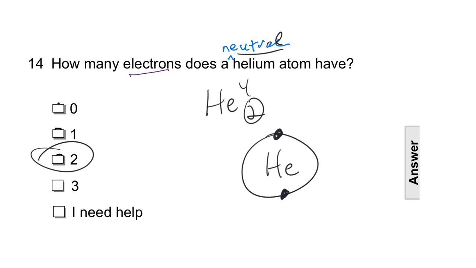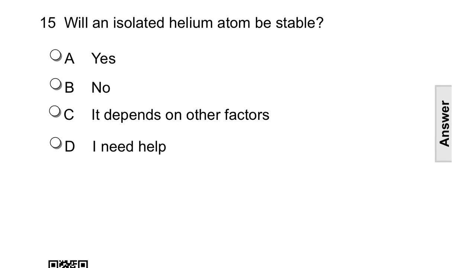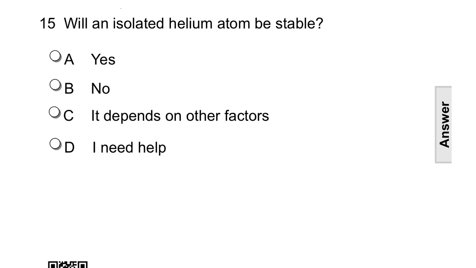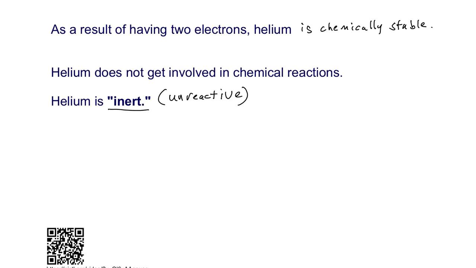I think that's the next question. Will an unreacted helium atom be stable? Yes. Its outermost shell is filled, as I described on the previous page. Okay, helium is therefore unreactive because it has a filled outer shell.